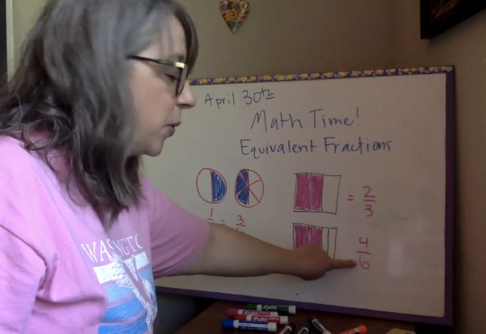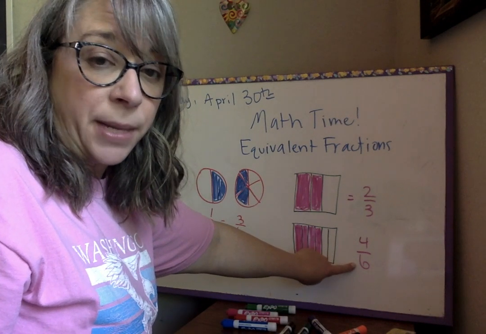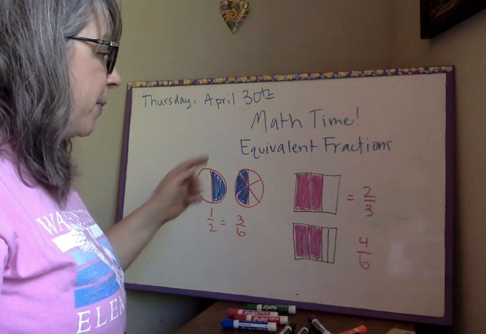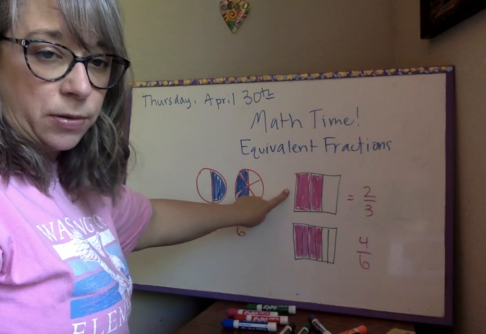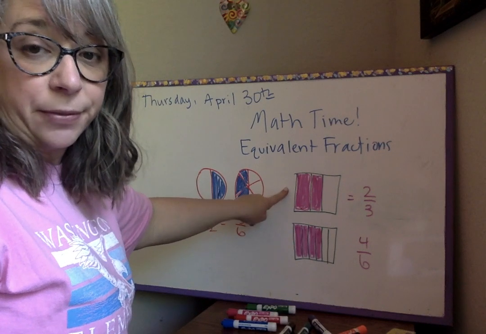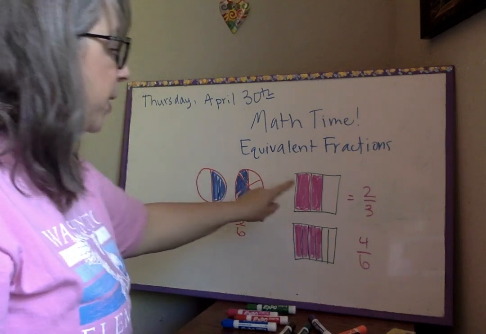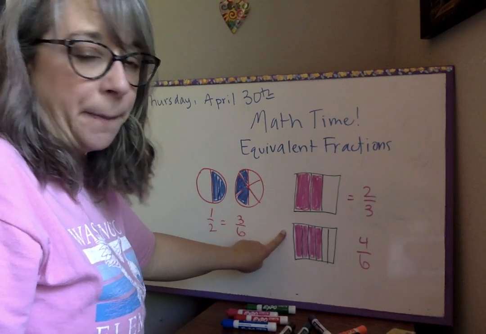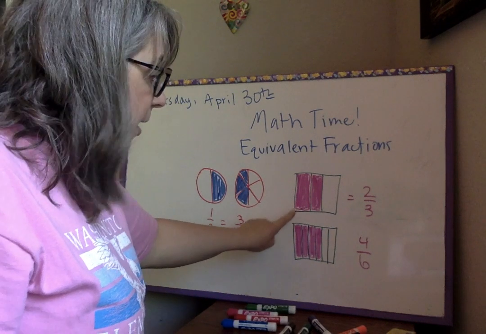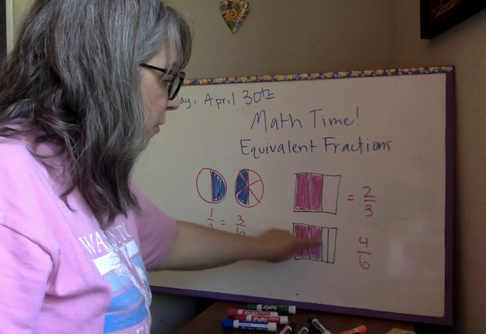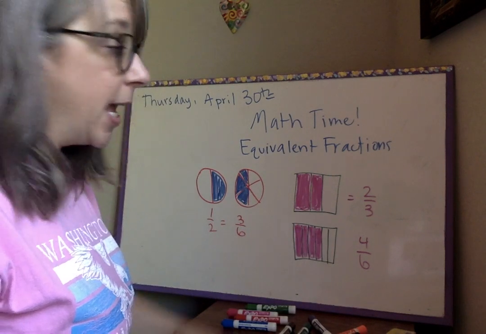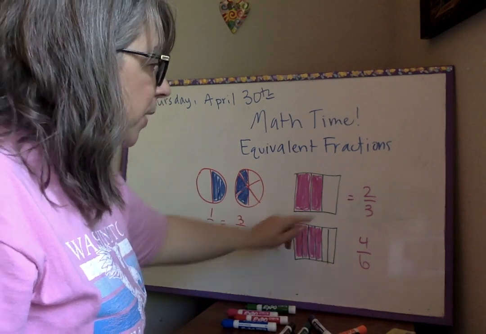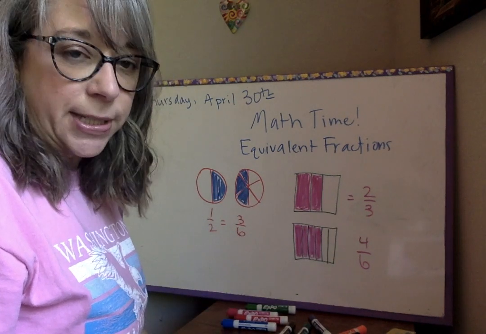There are 6 parts to our whole, so our denominator is going to be 6. How many parts are shaded in on our 3? We have 2. So 2/3. How many parts do we have shaded in our 6ths? 1, 2, 3, 4. 4/6. These are equivalent to each other. 2/3 is equal to 4/6.